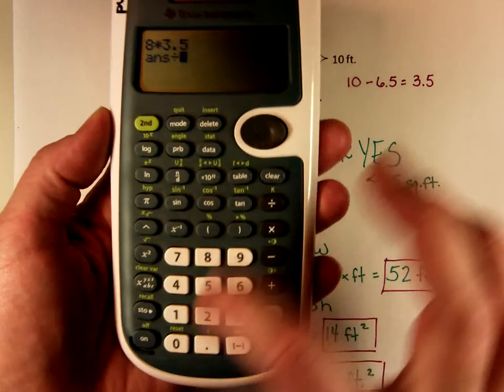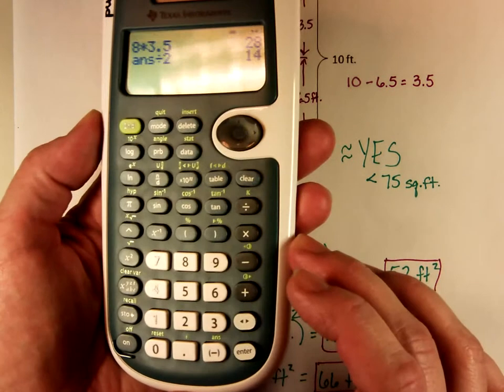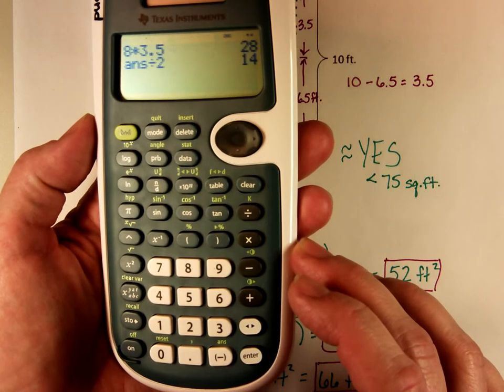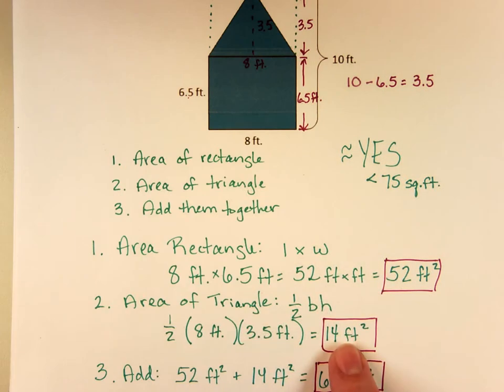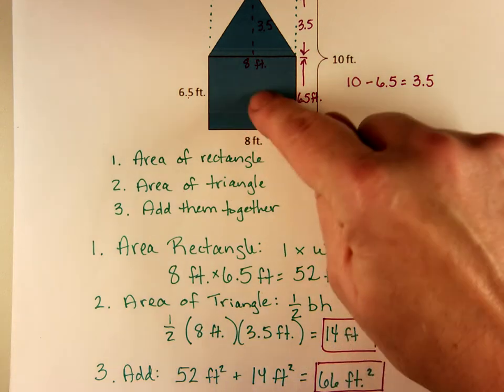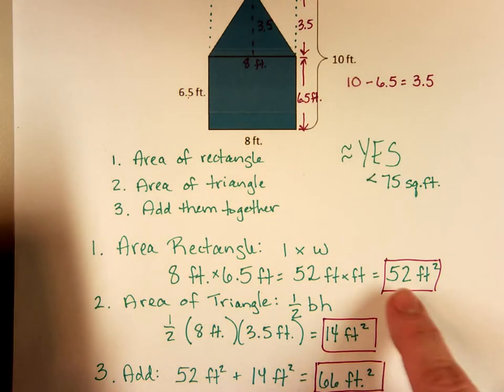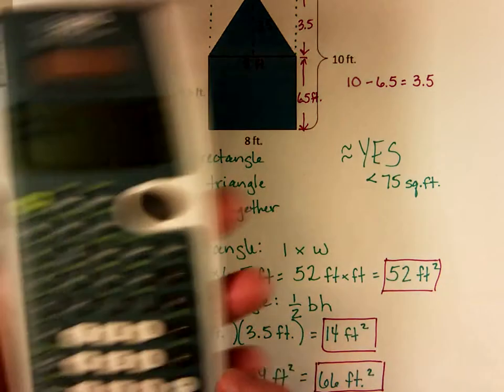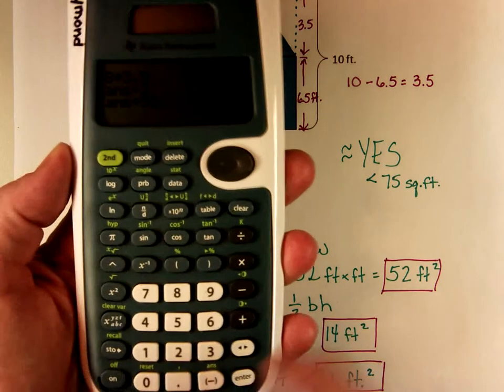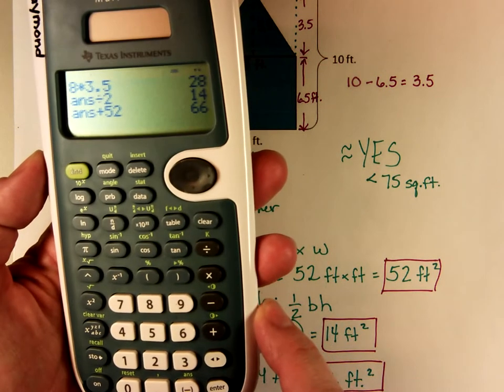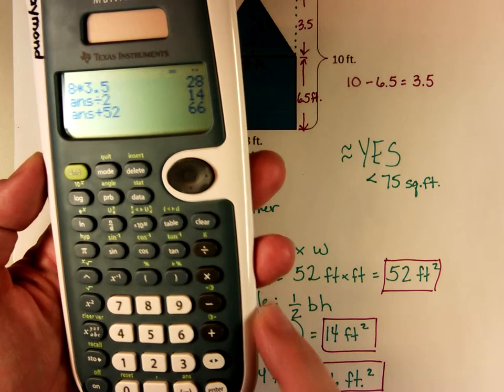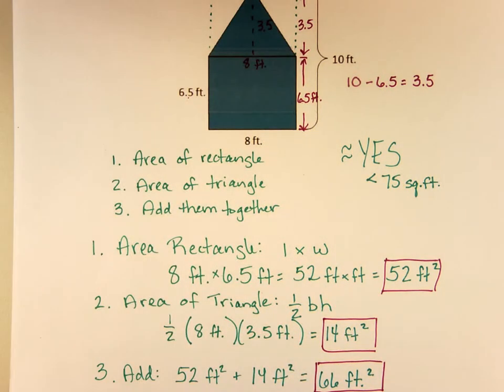Divide by 2, and you get 14. And that's what we have. So let's add the area of the rectangle to the area of the triangle, which is 14 plus 52, and we get 66. That's what we got.